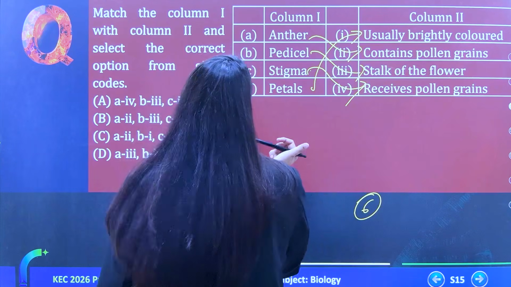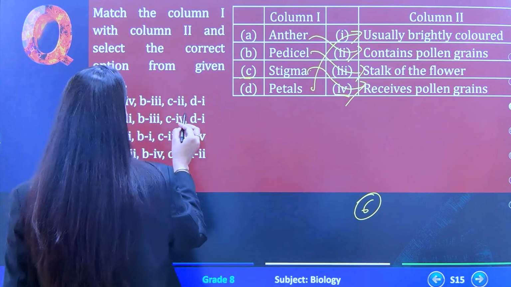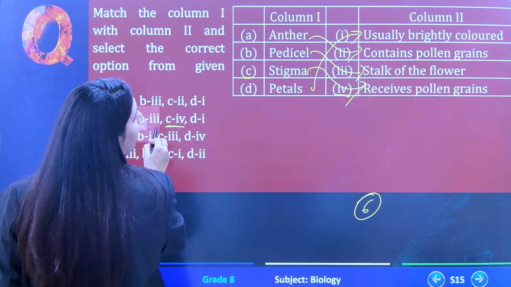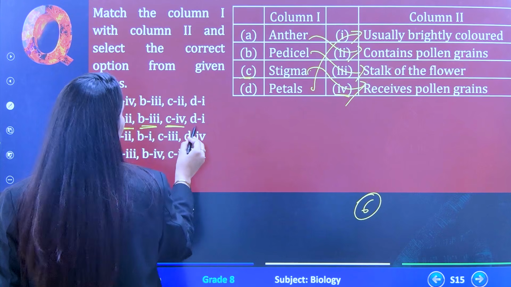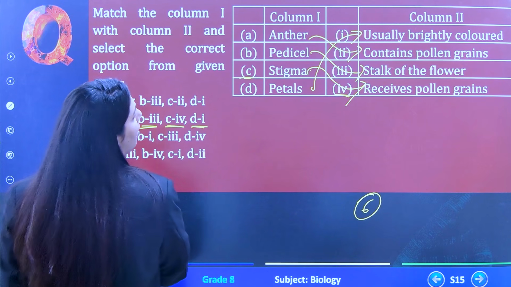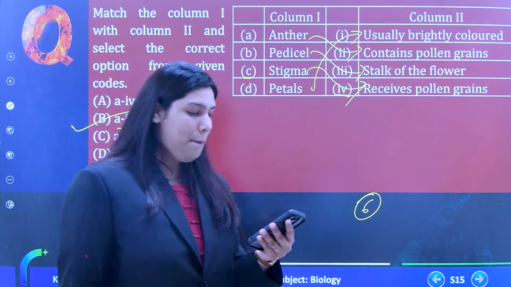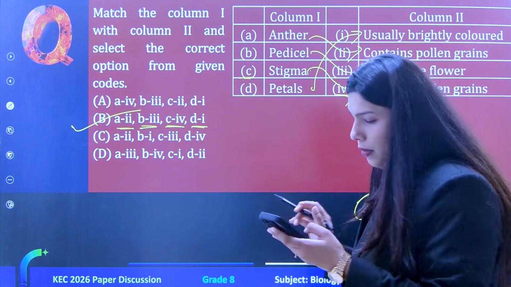So now the correct combination, you see. For C, it is 4. C4 is the only one option. B is 3. We can check. B is 3. Correct. A is 2. Okay. And D is 1. Fine. So with the correct combination, the answer is B. Okay, everyone.